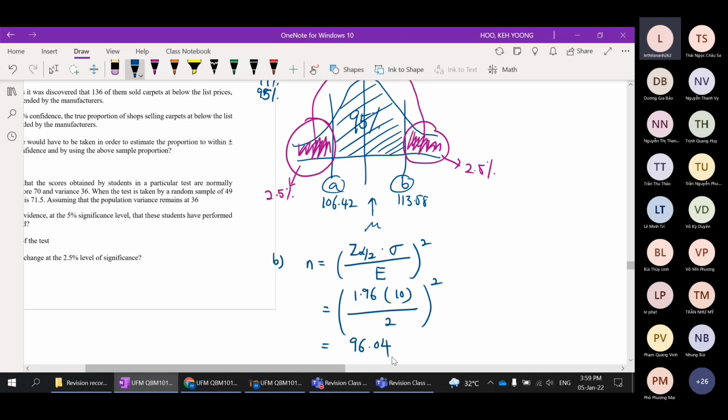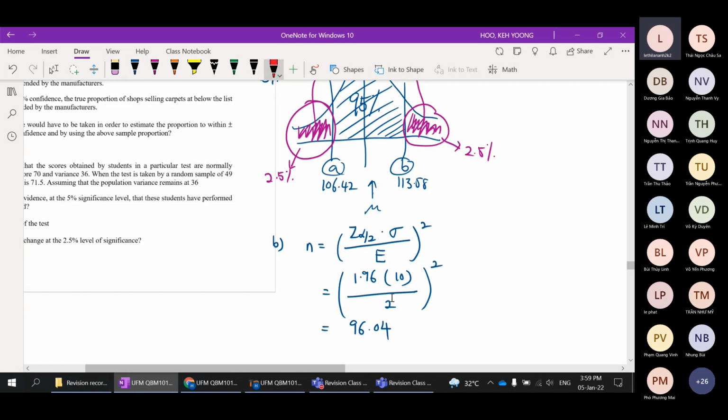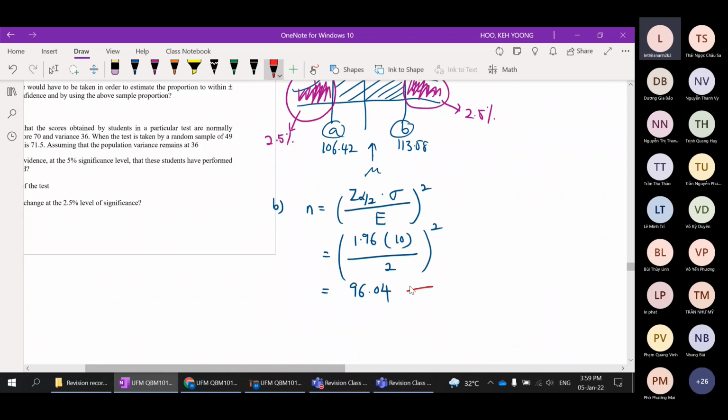Okay, 96.04. And then please take note. Put a note beside here. Whenever you want to find the minimum sample size, minimum is 96.04. So how much should you collect? Because when we collect samples, whether it is objects or people, we cannot have decimals. How can you collect 0.04 cars? You cannot have 0.04 cars, right?